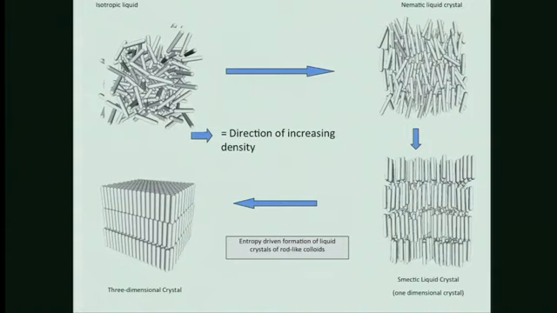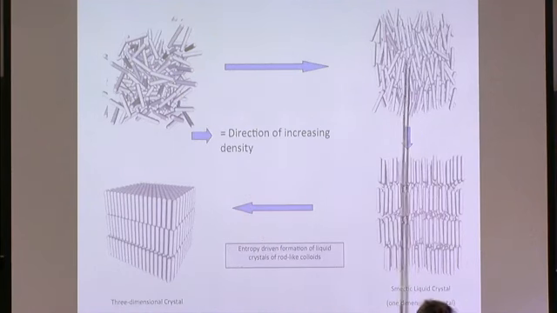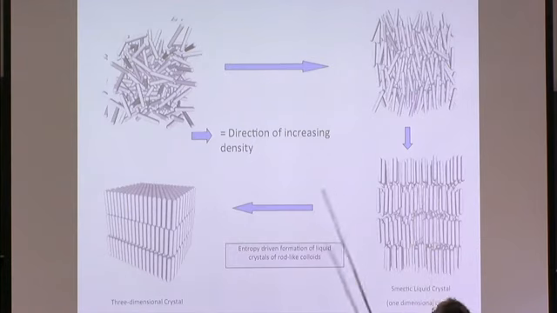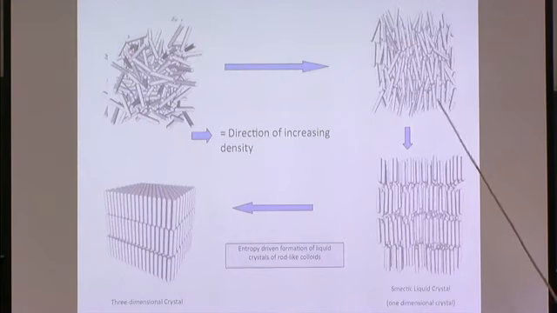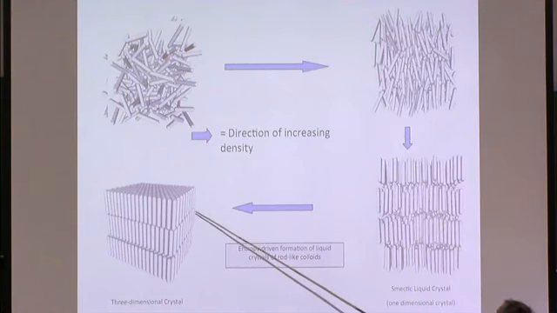So if you start from an isotropic liquid of rod-like particles, as you increase the density, you can get a nematic phase, and actually that is the thing that Onsager already worked out in the 1940s. What computer simulations have shown since is that if you then compress it, you can get a smectic phase, purely entropically driven, and in a sense independently, because it was first shown for hard spheres, but then also for hard rods, you can get a crystalline phase.